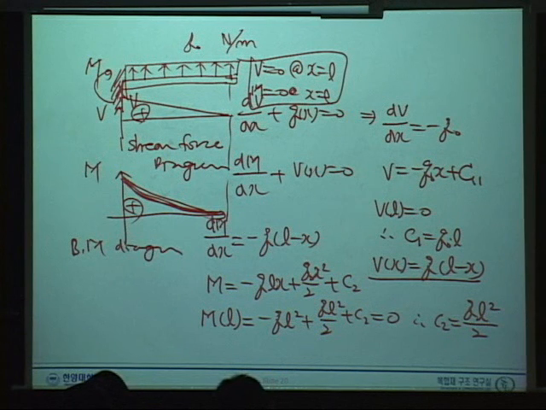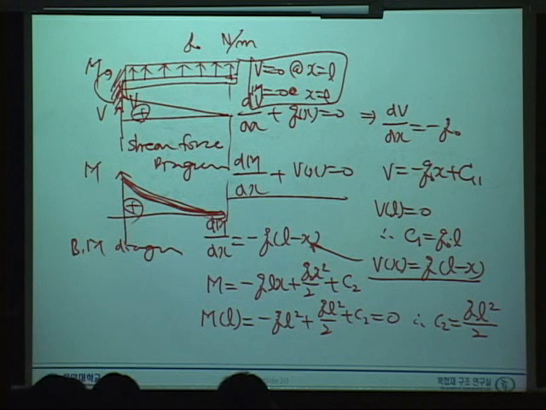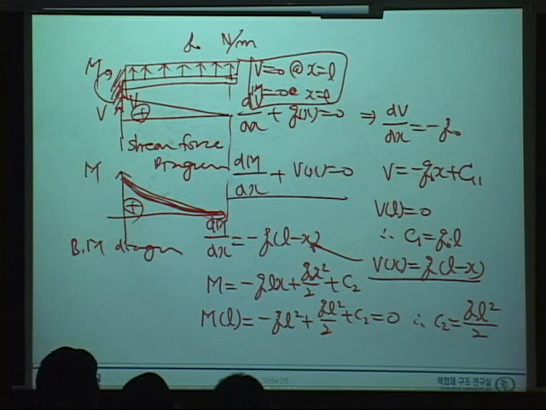For the bending moment, we have this differential equation, and we put this equation in here. We have the V here, and then we simply integrate. And again, we have a different integration constant, C2. How do we get this C2?